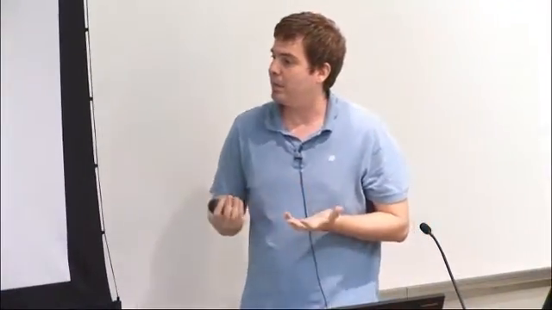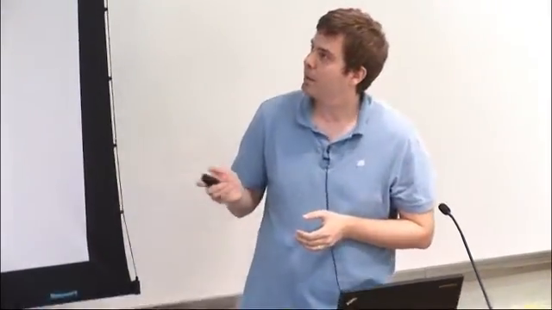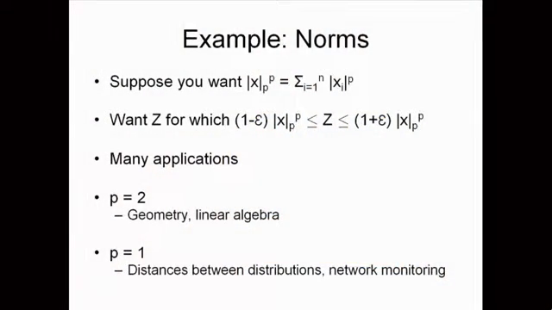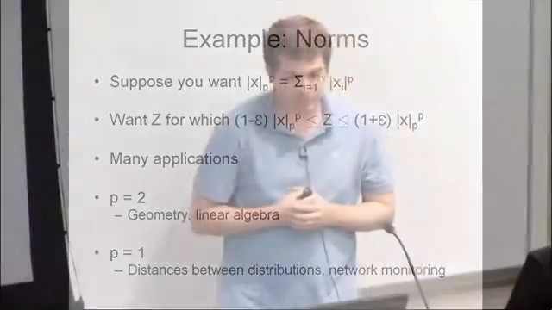What are some example functions f that people have tried to approximate in this model? One well-studied problem is the Lp norms. Typically what you want for these norms is to achieve relative error. You want z to be within 1 plus or minus epsilon of the p norm, or equivalently for approximation, the pth power of the p norm of x.